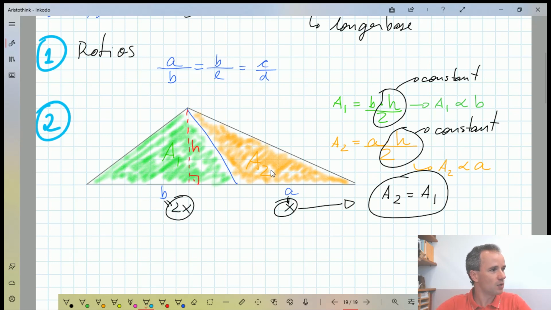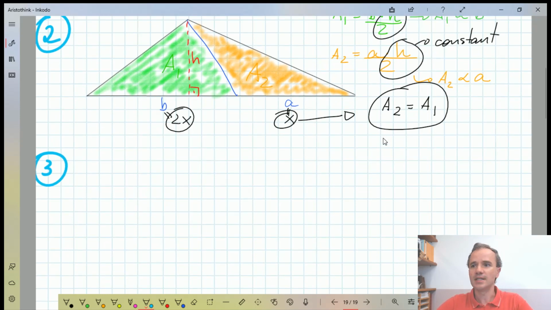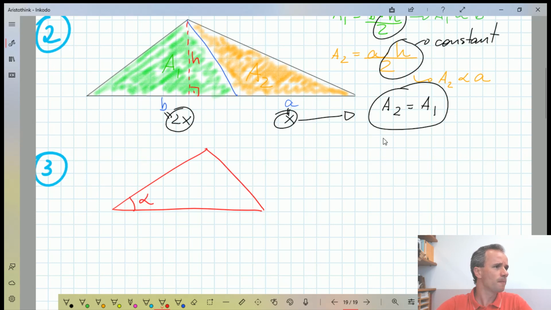And now I need to tell you another thing about area. I'm going to draw another triangle, but this one is going to be a simple one. It's faster if I draw it like this. It has an angle and 2 sides, A and B. Now, do you know how to tell the area of a triangle when you are given 2 sides and 1 angle?